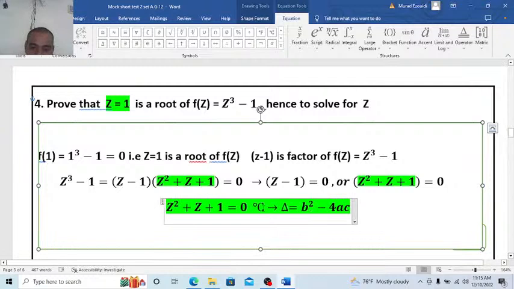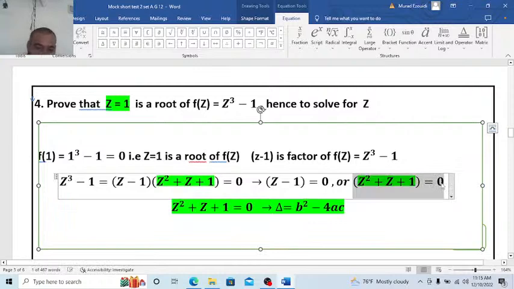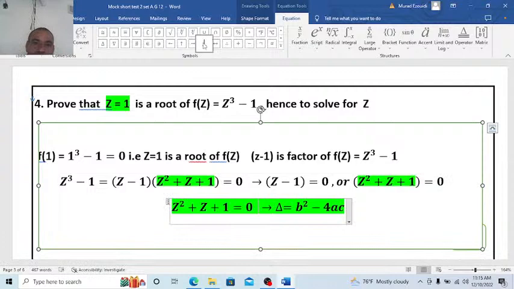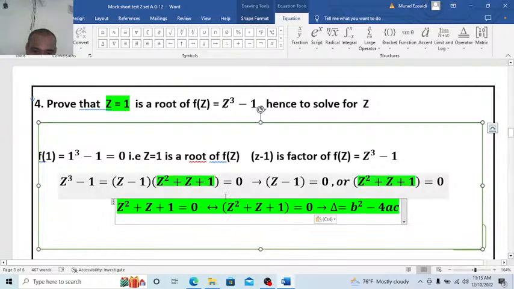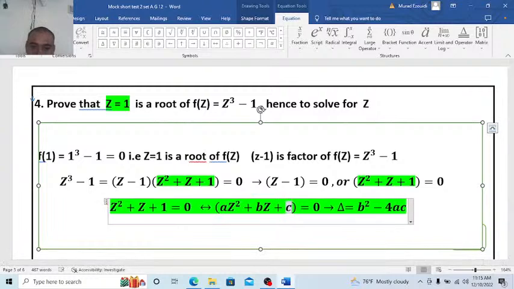Here b is 1. If we write this to equate it with az squared plus bz plus c, then a is 1, b is 1, and c is 1.